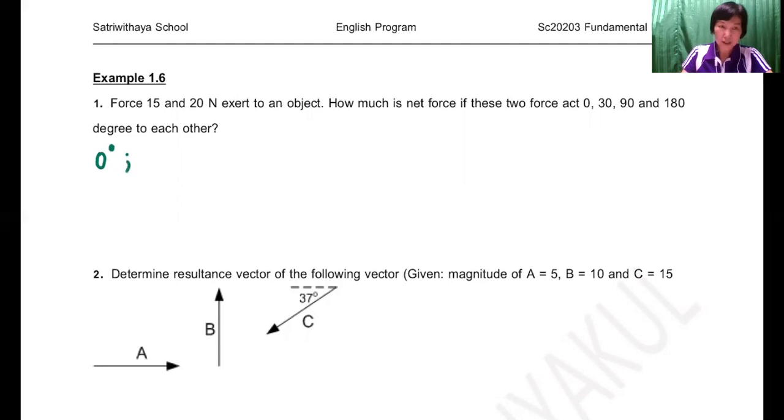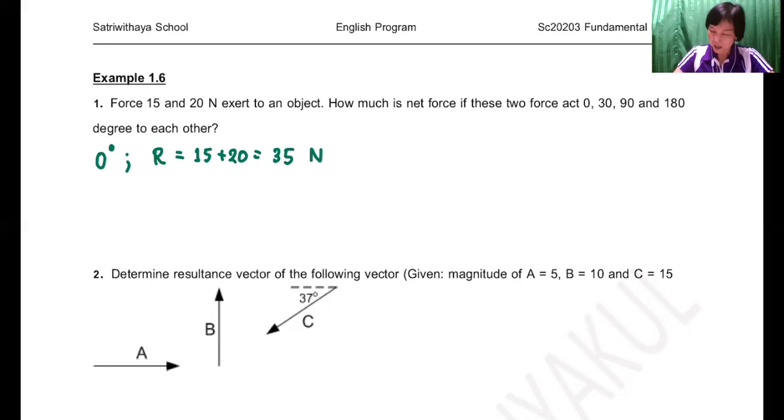The resultant equals the sum of the magnitudes of the two vectors, so it must be 15 plus 20, and the result is 35 Newton.